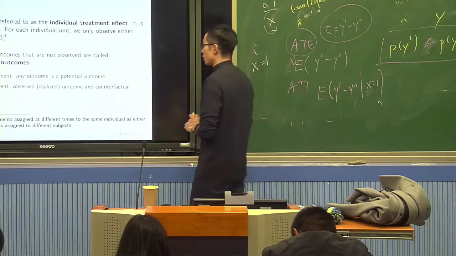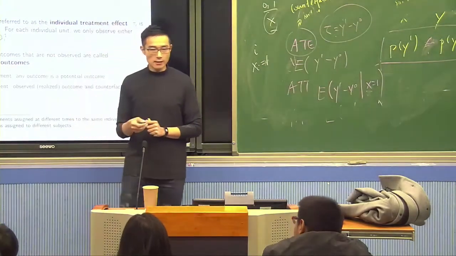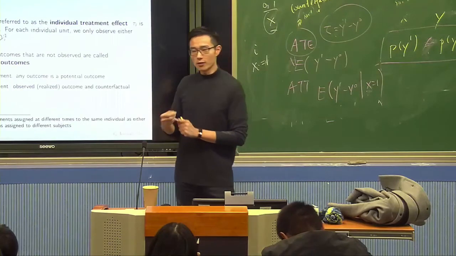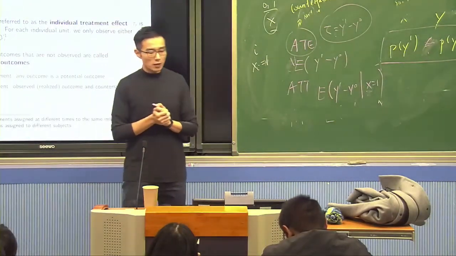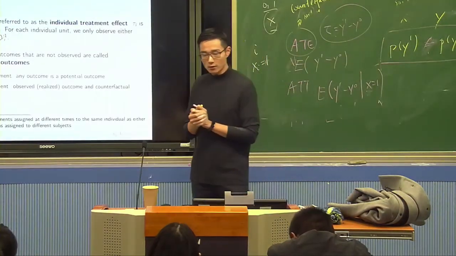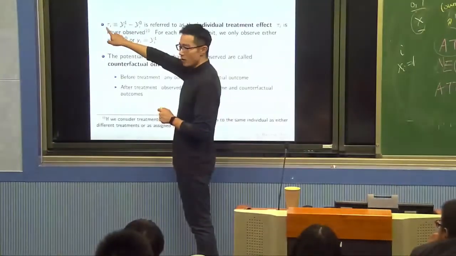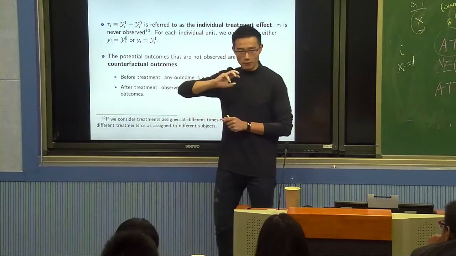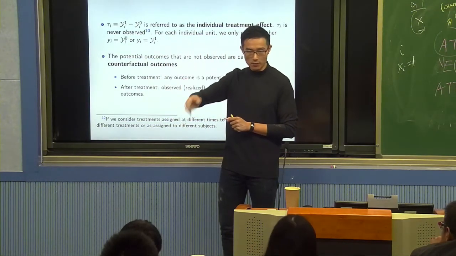Now, we can always talk about causal effect at a population level, meaning as long as y1 and y0 are random variables with a distribution underneath, we can always talk about causal effect. But if we are talking about causal effect at the individual level, then we are running into trouble. Suppose I only look at tau i, which is yi1 minus yi0, the individual causal effect. What is the treatment effect on this particular individual, not on the population?